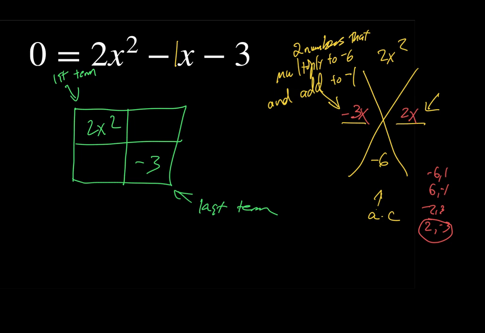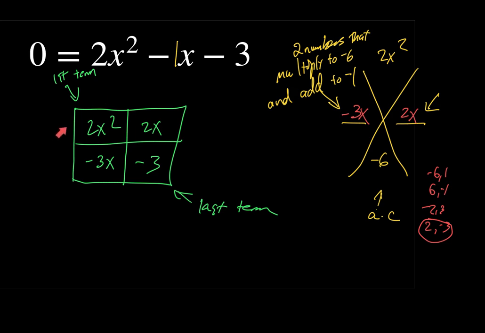And I have to put the negative 3x and the 2x in one of these two boxes. Does it matter which one? Sometimes it does, sometimes it doesn't. What do you think? So let's go ahead and try one of those. If I do negative 3x here and positive 2x there, I already heard someone say it doesn't work because I'm looking at this and this.